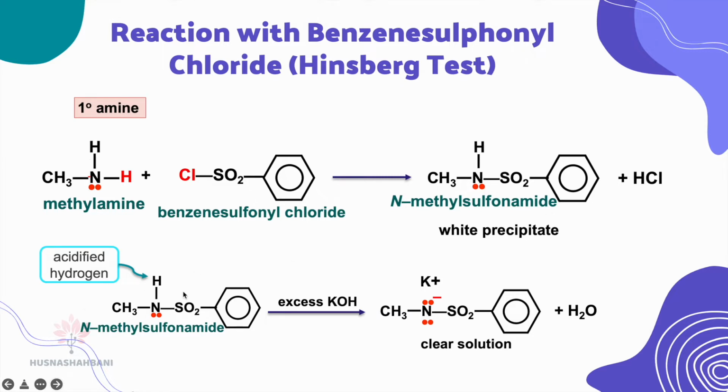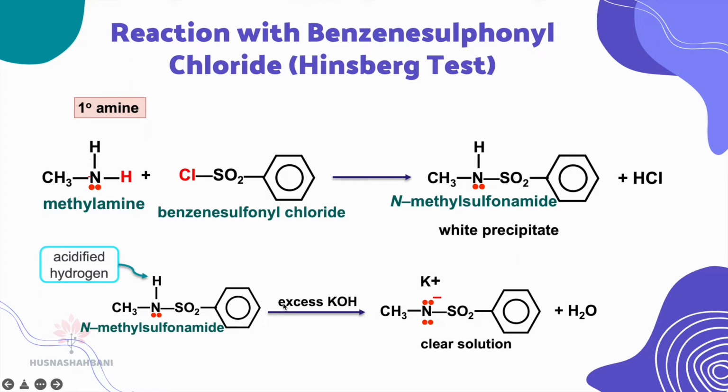Take that white precipitate, mix with excess potassium hydroxide. This white precipitate, the product, when you mix primary amine and Benzenesulphonyl Chloride, has 1 hydrogen atom attached to the N. So this is what we call acidified hydrogen.